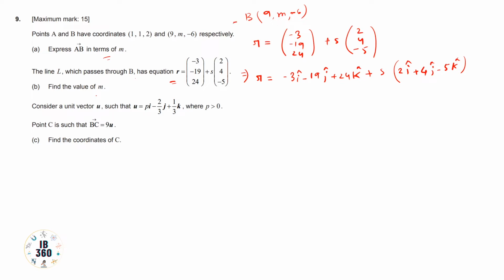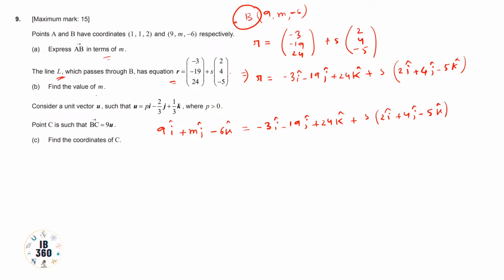Now if the line L is passing through this point, then we can write: 9i plus mj minus 6k, so caps must be there, equals -3i minus 19j plus 24k plus s into 2i plus 4j minus 5k cap.